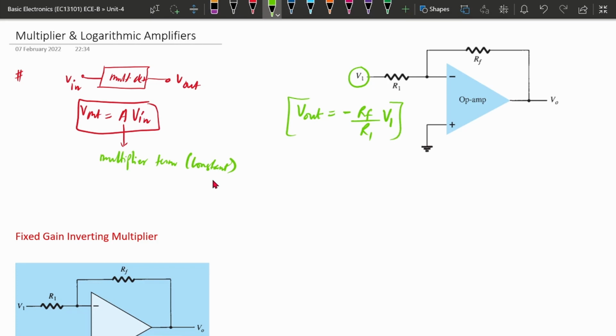Here again, the output is a multiplier with the input, and the multiplier here is a negative value. We call it the voltage gain. So it is a type of multiplier circuit, having a constant multiplied by the input.